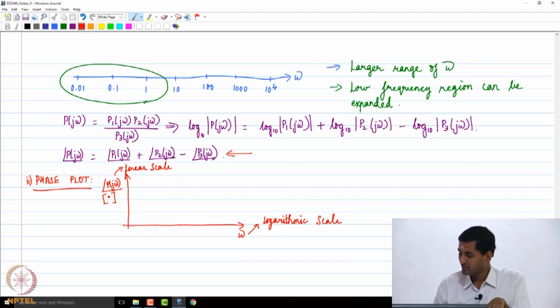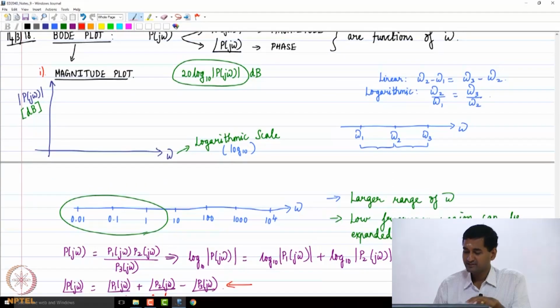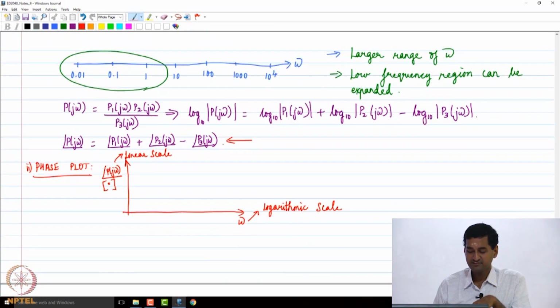So essentially the Bode plot has two plots, the magnitude plot and the phase plot. The magnitude plot plots the magnitude of the sinusoidal transfer function in decibels versus omega on the x-axis, or the abscissa, using a logarithmic scale, and the phase plot plots the phase of the sinusoidal transfer function in degrees versus omega, once again on a logarithmic scale on the abscissa.